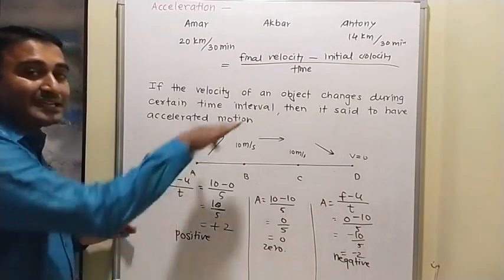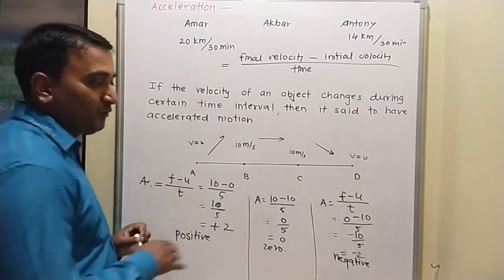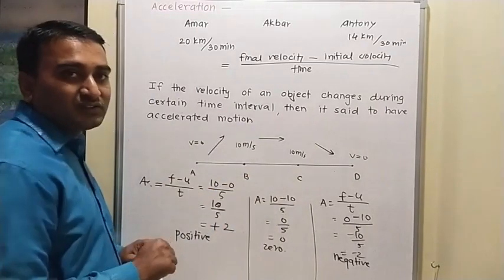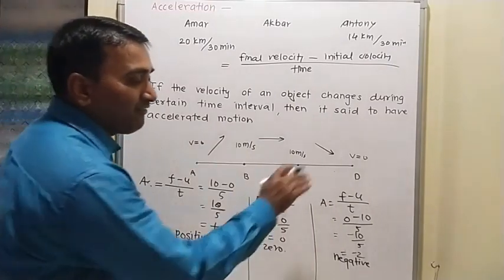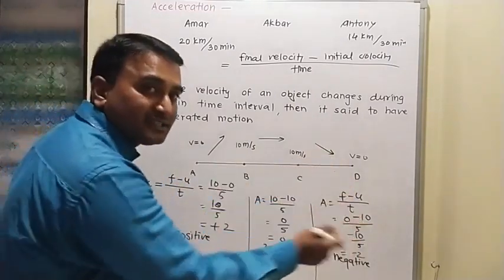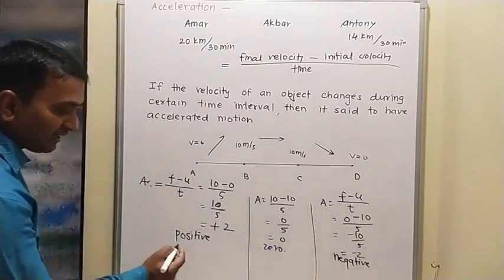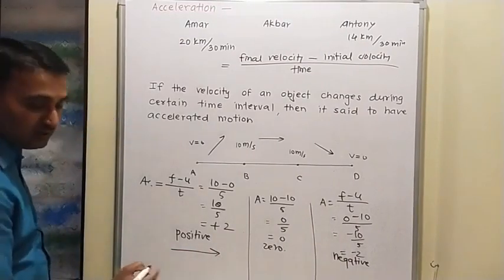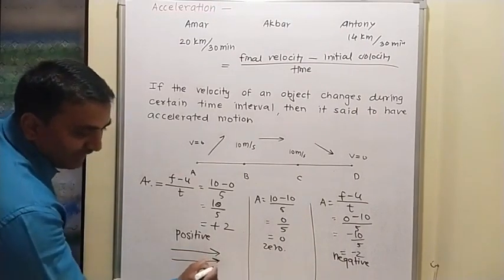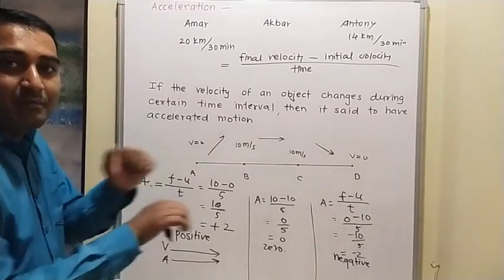When speed is increasing, that is velocity is increasing, we get positive acceleration. When speed is constant, velocity is constant, uniform motion, then there is zero acceleration. And when speed is decreasing, that is velocity is decreasing, then definitely negative acceleration is there. Here the velocity is in this direction and the acceleration is also, that is v and a, both in the same direction.